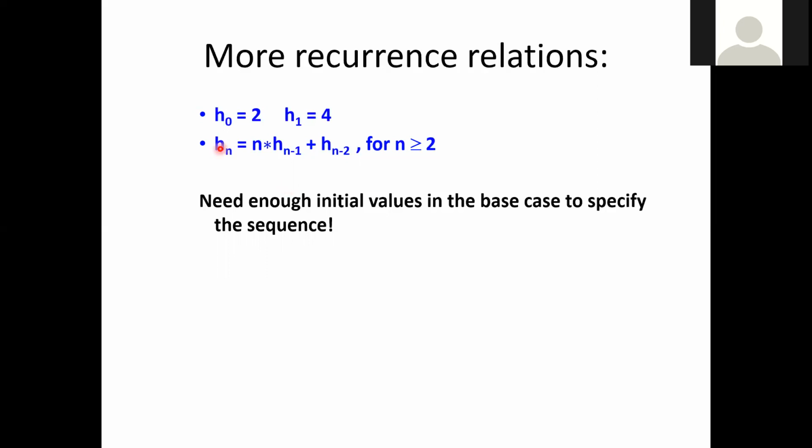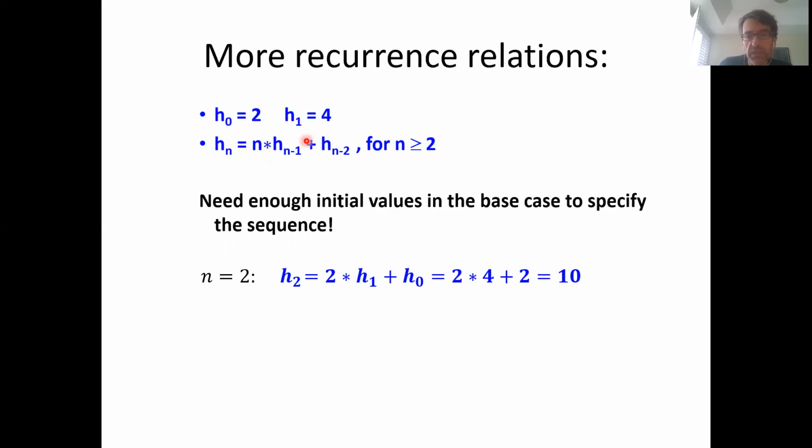Most of the time, it's going to be simple: the next one is defined as some formula involving some number of previous ones. So here, since I'm defining it in terms of the previous two, just like in the Fibonacci sequence, but it is not a Fibonacci sequence because there is this modifier here, the first two suffice to define the rest.